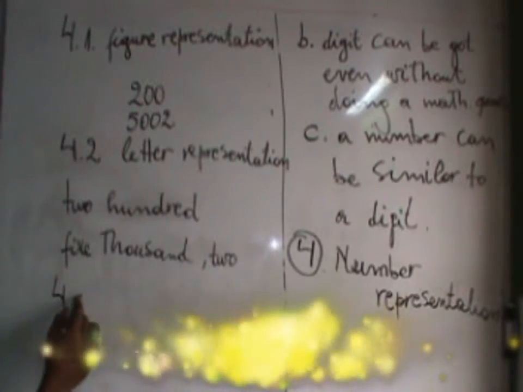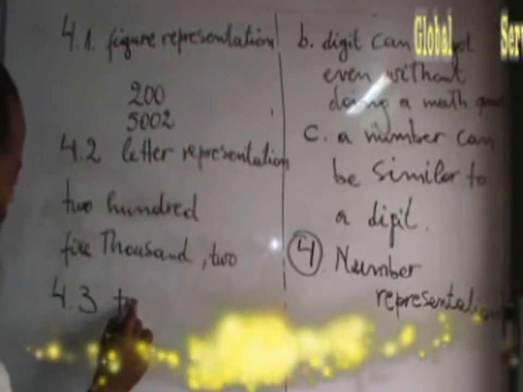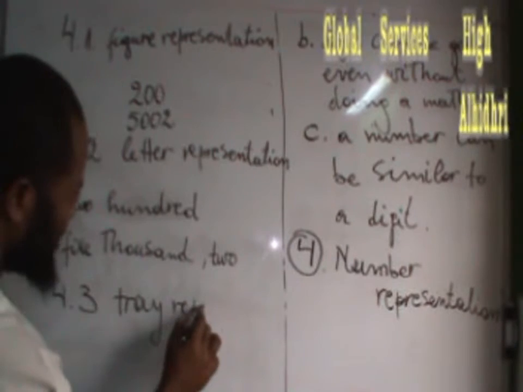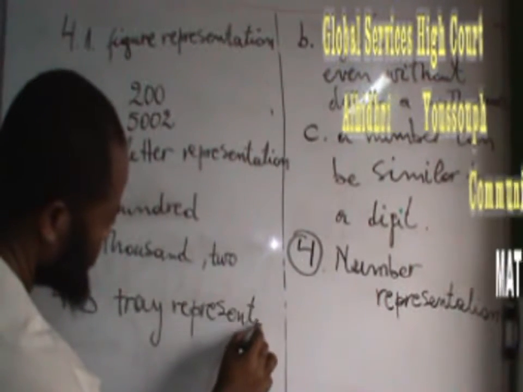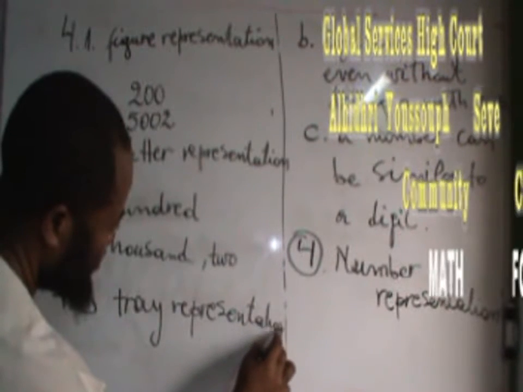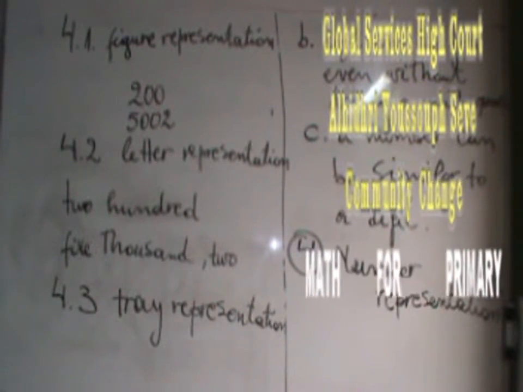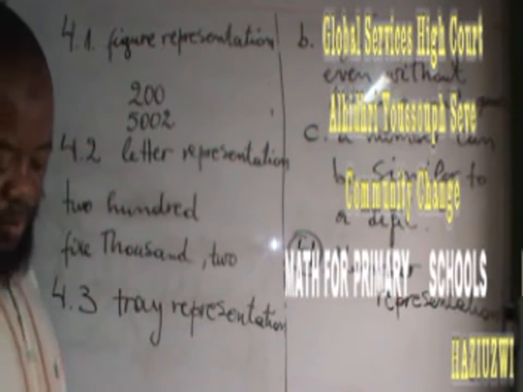On this number 43. Tray representation. How is a tray representation?